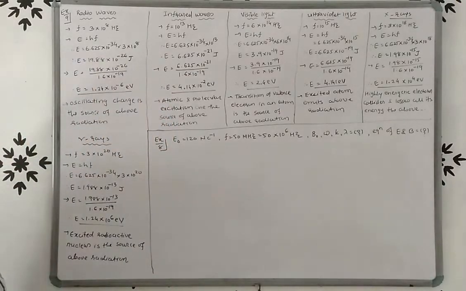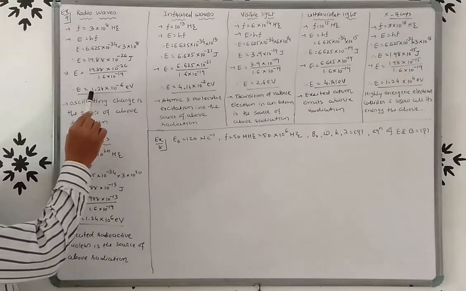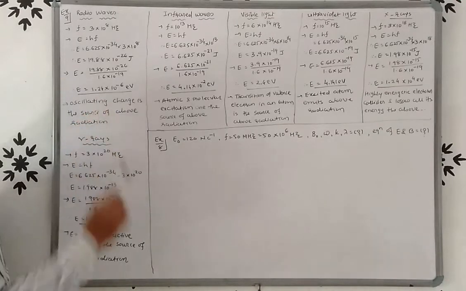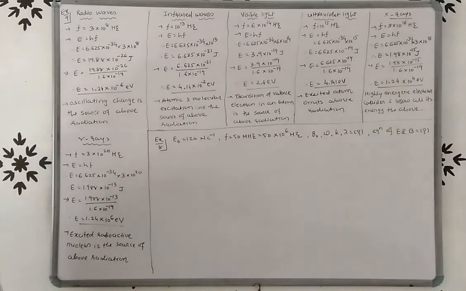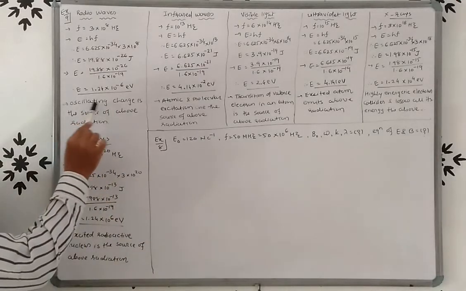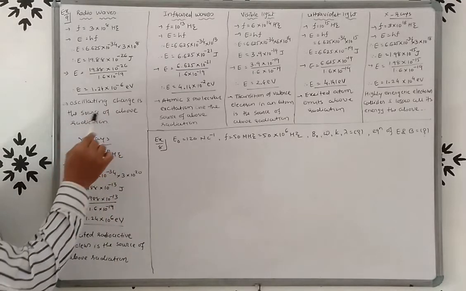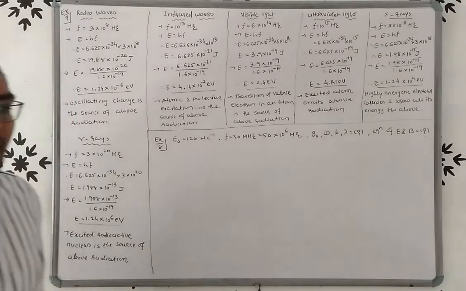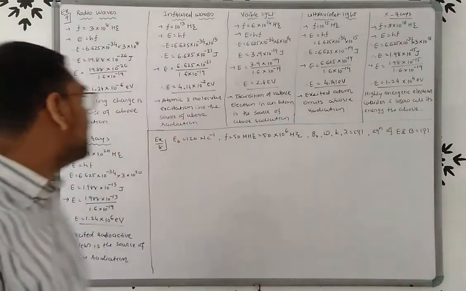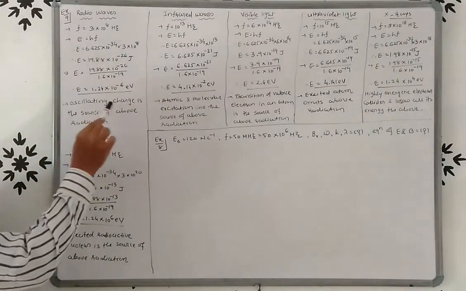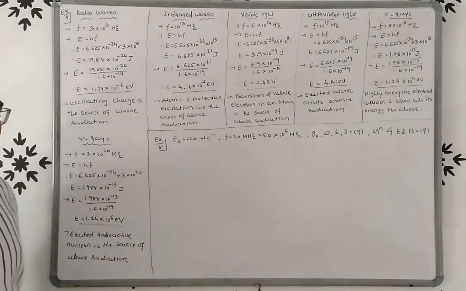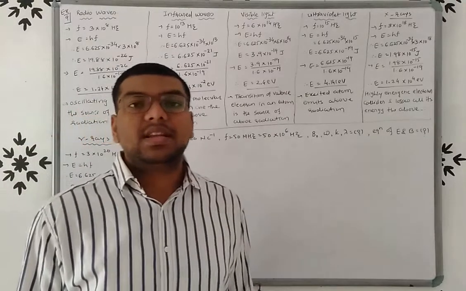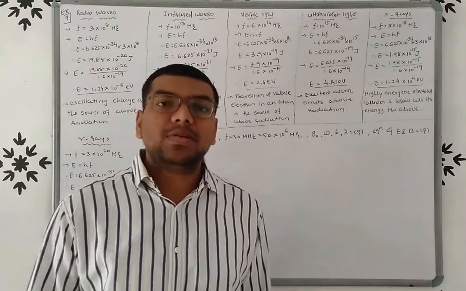So we get energy of these radio waves 1.24 × 10^-6 eV. And the oscillating charge is the source of this radio wave radiation. So you have to remember, this oscillating charge is the source of the above radiation. So this is about the radio waves.